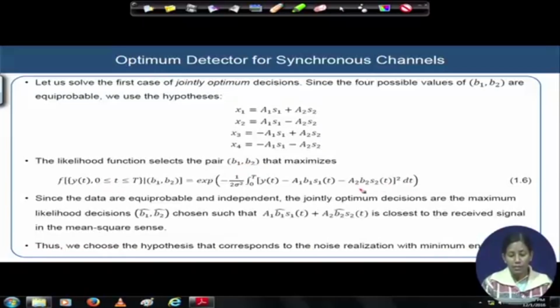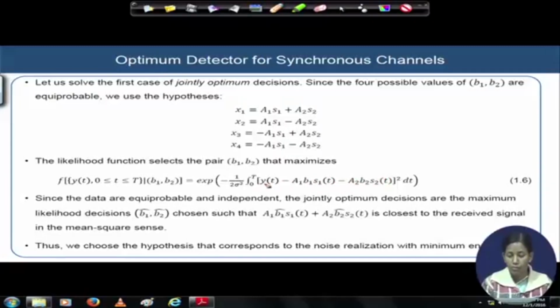Basically, in this maximization process, on the right-hand side, it is the exponential of this error, a noise section basically. Y(t) was your received signal, and this is a two-user synchronous channel. So, it is basically the signal that you received, A1 B1 S1(t) and A2 B2 S2(t), the addition of these two.